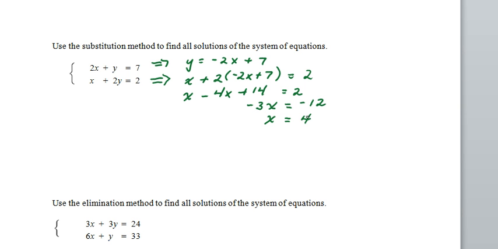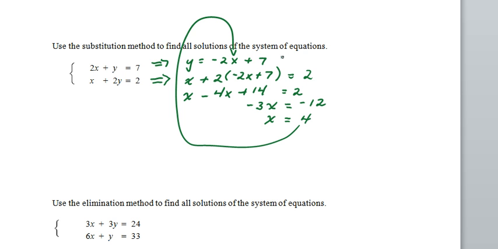Now, I'm going to back substitute that value of 4 into the first equation where we wrote y in terms of x.